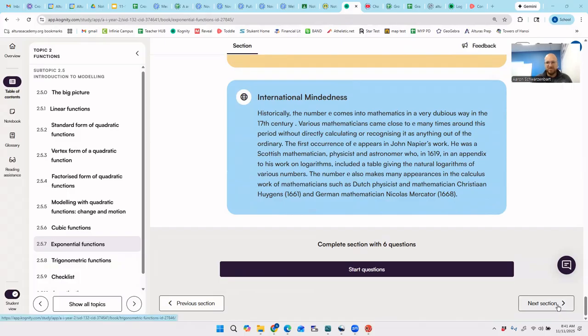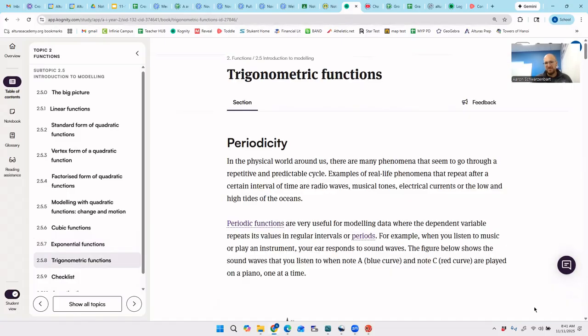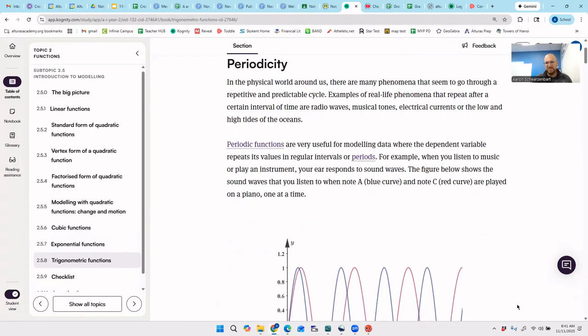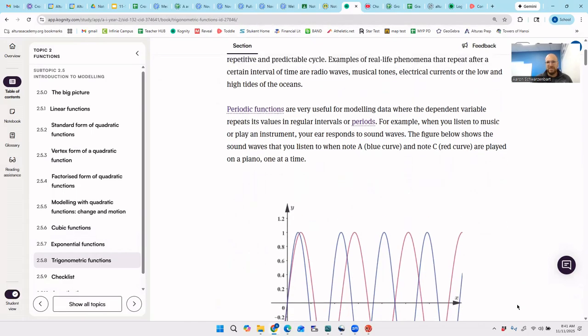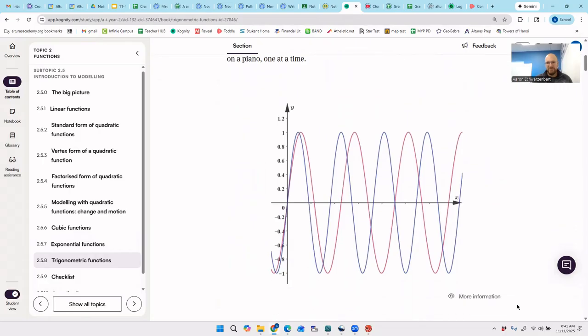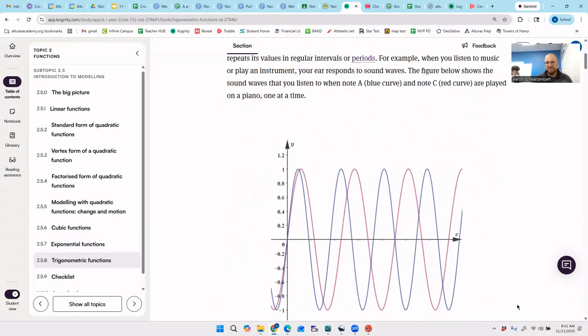And finally, trig functions. You don't have to graph these by hand this year. You remember what periodicity means? Sure. Periodicity means it does repeat.